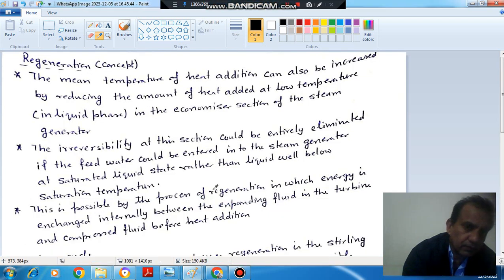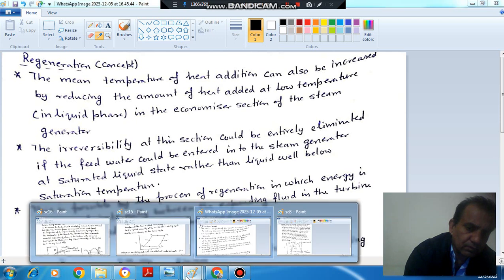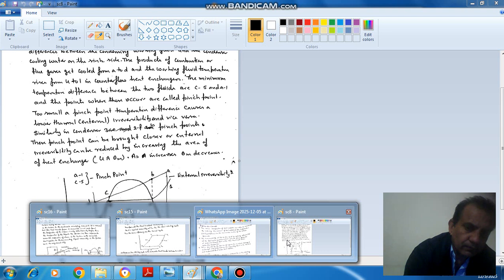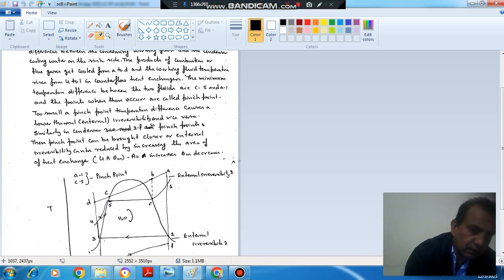I will read this out. The mean temperature of heat addition can also be increased by reducing the amount of heat added at low temperature in the liquid phase in the economizer section of the steam generator. The economizer section of the steam generator is this part, the heating of water.